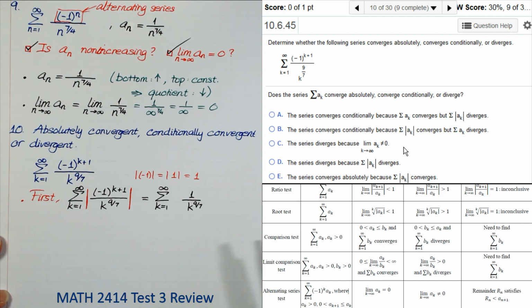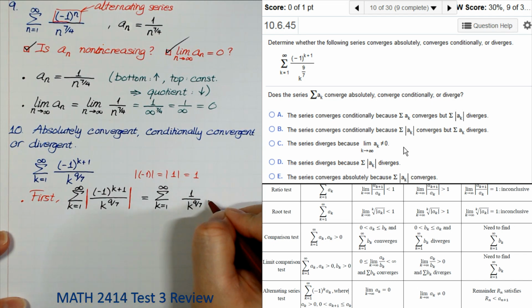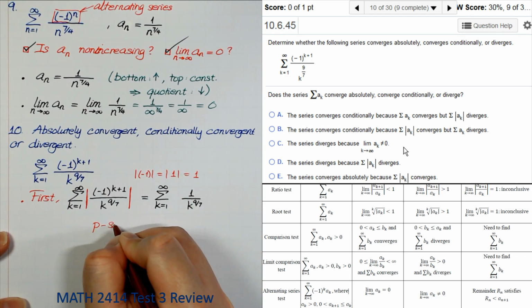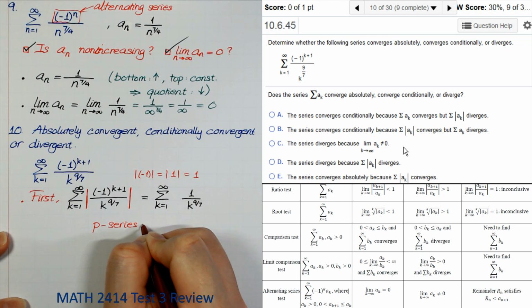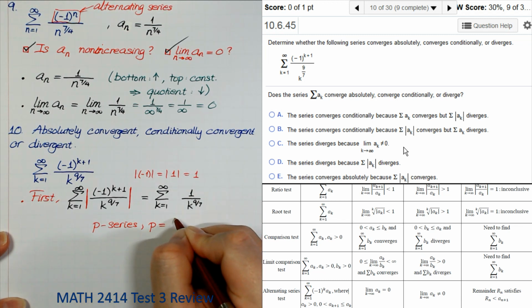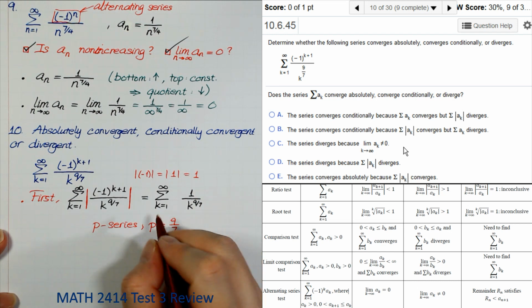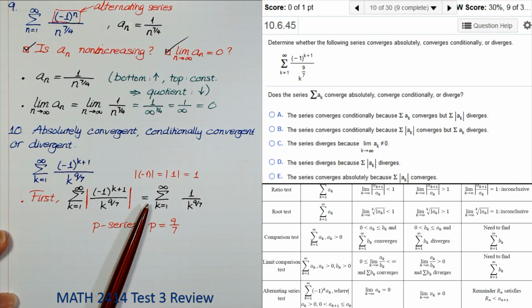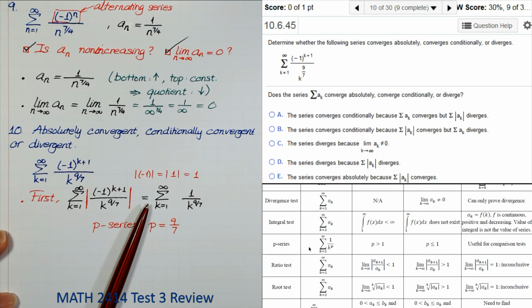So what kind of series is this? We have k to the 9 over 7, and this is a p series where p is equal to 9 over 7. What does the p series test say? A p series with p bigger than 1 is convergent.